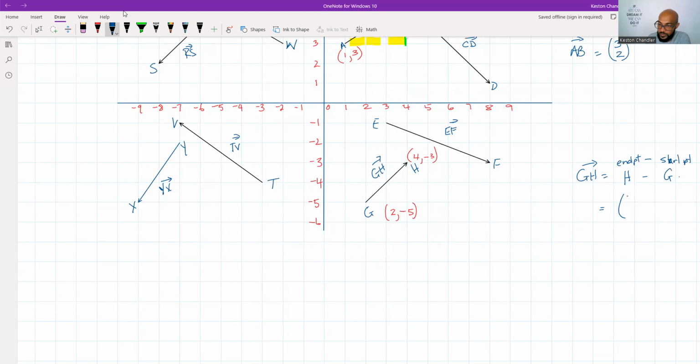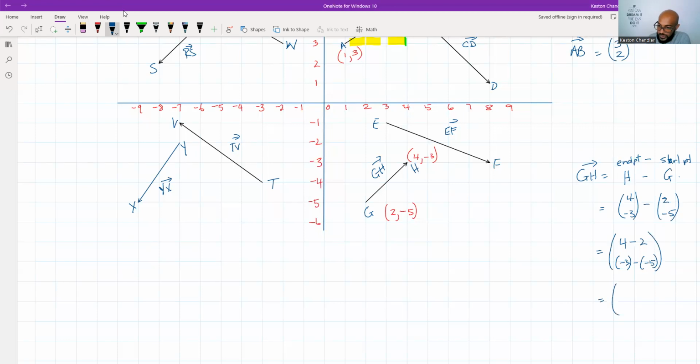So 4, -3 is what H is, minus G, which is 2, -5. So what I have is 4 minus 2, and -3 minus -5.